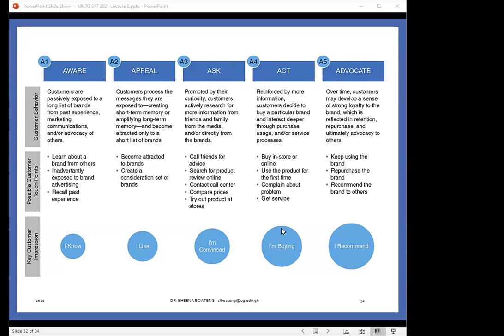And then the next stage, which we ultimately want the customer to engage in or embark on, is the act stage, where we want them to actually go ahead and spend their money on our brand. We either want them to buy from us online or buy in store, right? And there are various ways we can do this, using various intermediaries through different techniques like affiliate marketing, using referral links, using listings on intermediaries like price comparison sites, right?